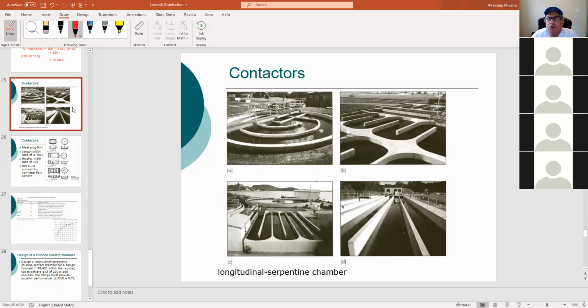All right. Look, all these pictures are contactors, not contractors. And if you look at them, they look like serpentine, like snakes. Water moves from the inlet to the outlet over this long path.